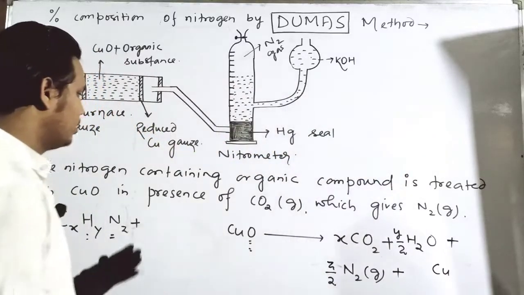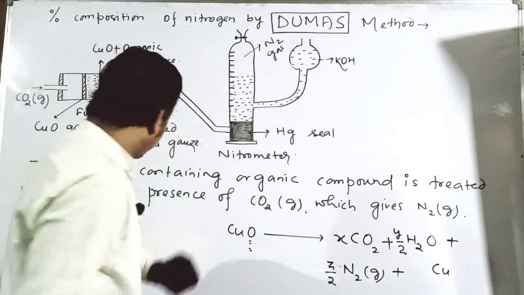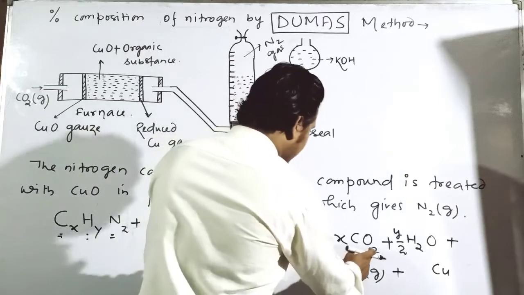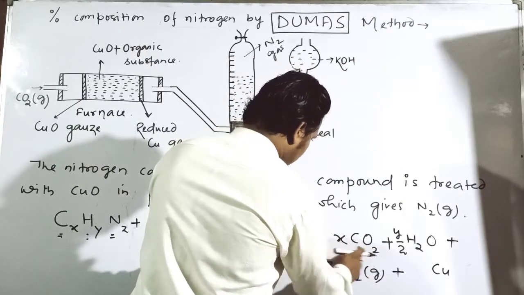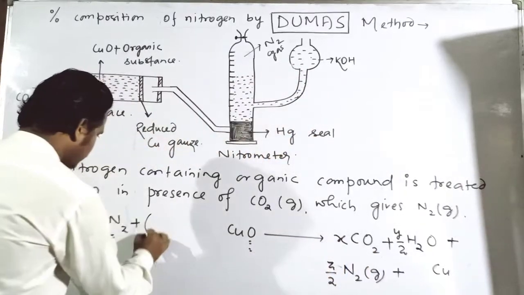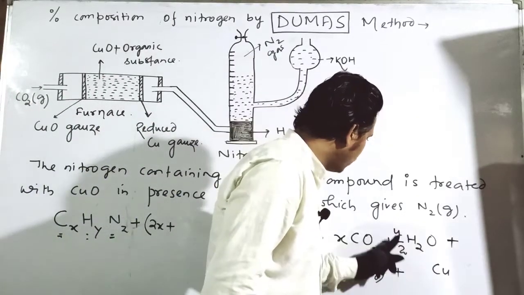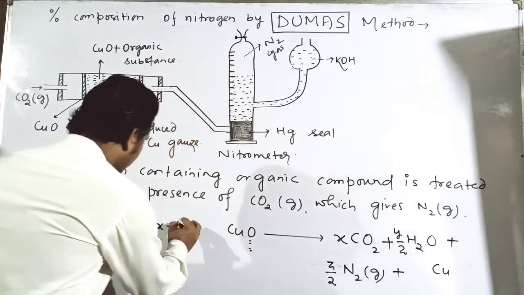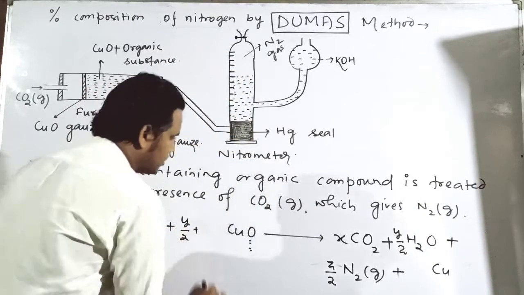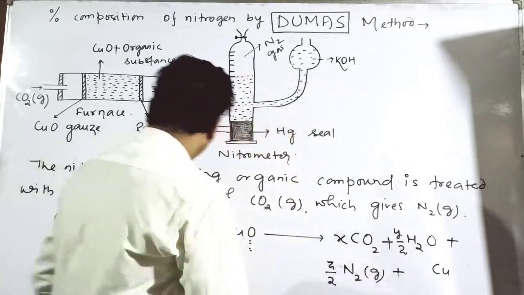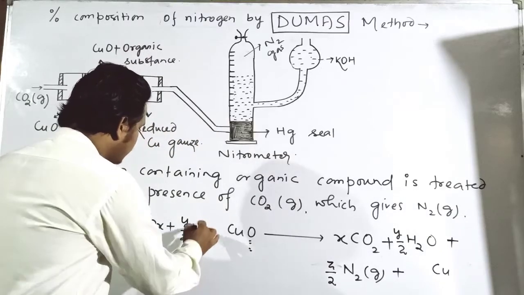Okay. So balance oxygen. How many oxygen are there? 2x here, plus here oxygen is y by 2. So 2x plus y by 2 oxygen.